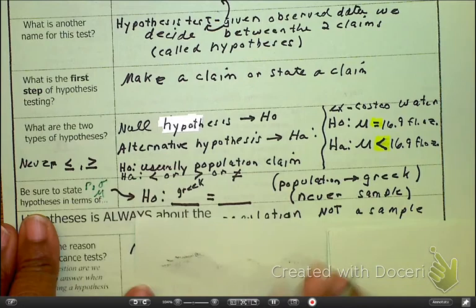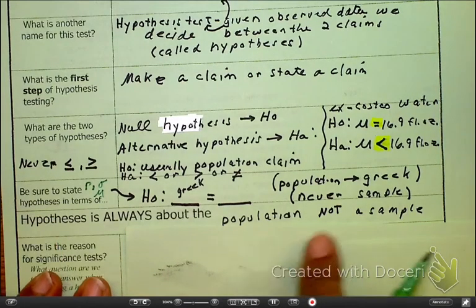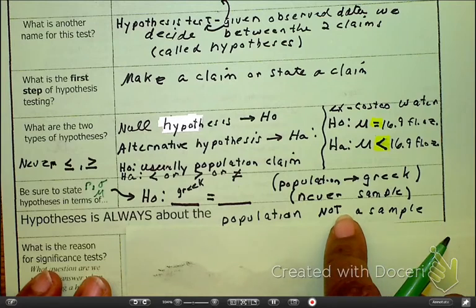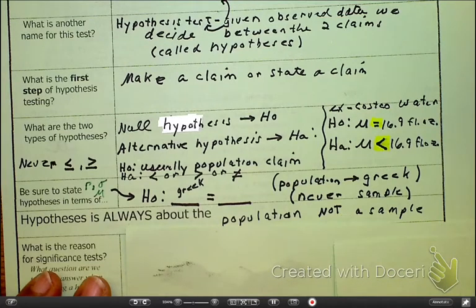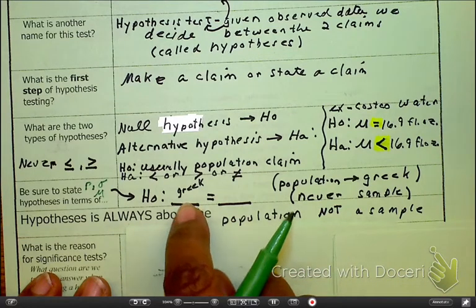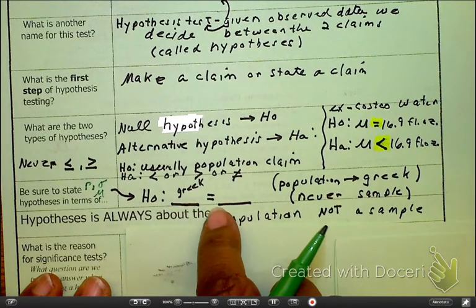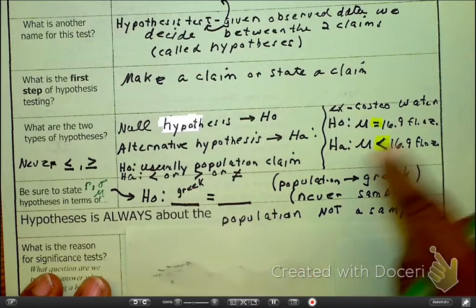Why? Because it's always about the population. It's never about the sample. We're comparing our group to that of the population. So the symbol, the P, the sigma or the mu, goes in here, and this is going to equal whatever the value is in this example.